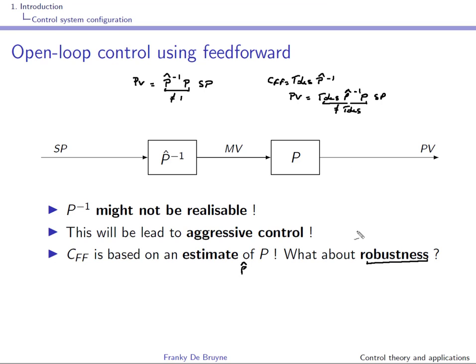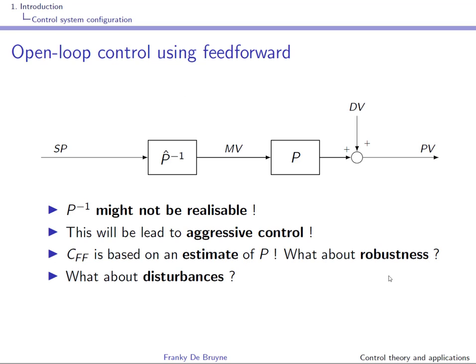So we see that this set point feed forward solution is not very robust in the presence of changes in the process. Of course, the process is subjected to disturbances, and set point feed forward is not capable of dealing with them. We clearly need a solution with feedback.